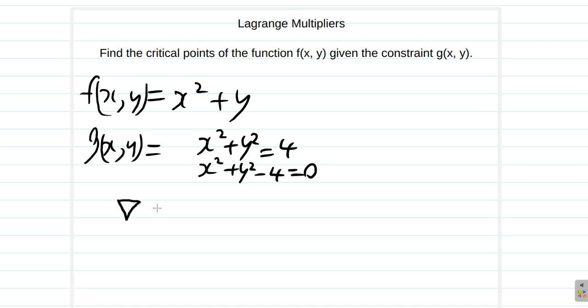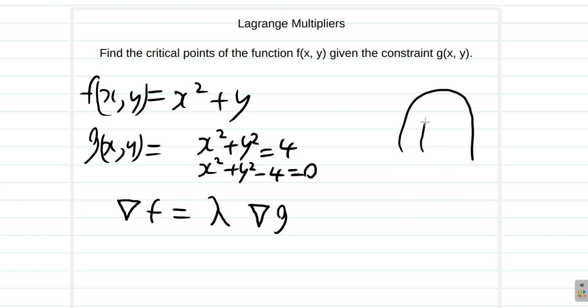The gradient vector of the function is equal to a scalar multiple, which we call the Lagrange multiplier, represented by the Greek letter lambda, that multiplies the gradient of the constraint. And you remember the argument behind it is that you have this three-dimensional surface, right?